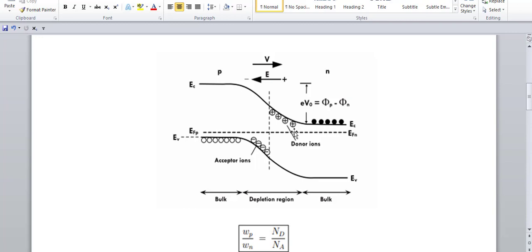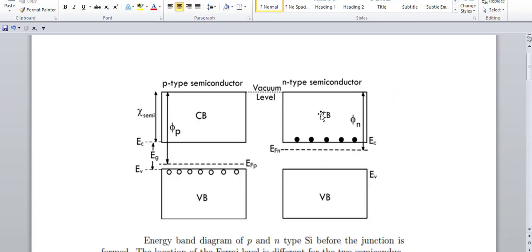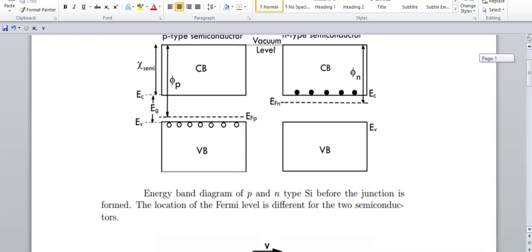Now, see, all this happens here. When you form a PN junction, the N-type will be slightly lower from this level.